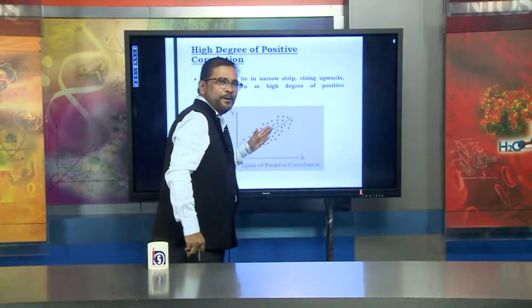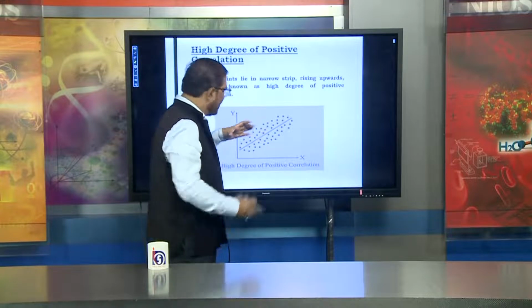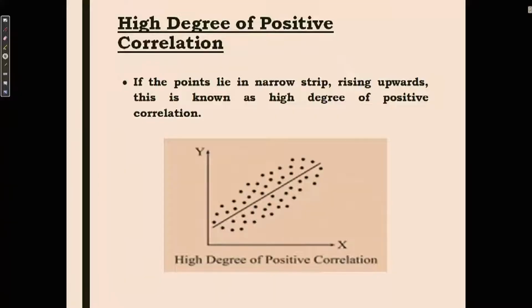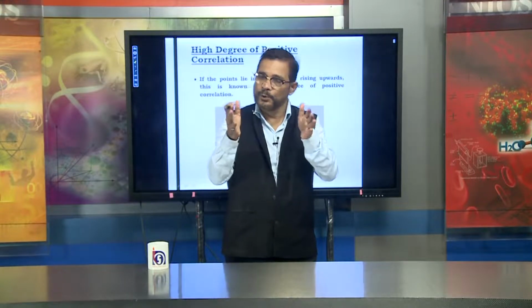This is the middle line of positive correlation, but you see the scattering of data, though near to each other. x, y, x, y, x, y, you see? The movement of the data is scattered, but close to each other.